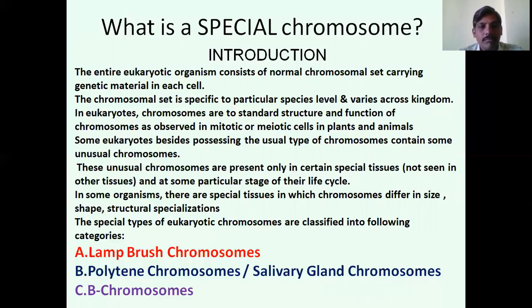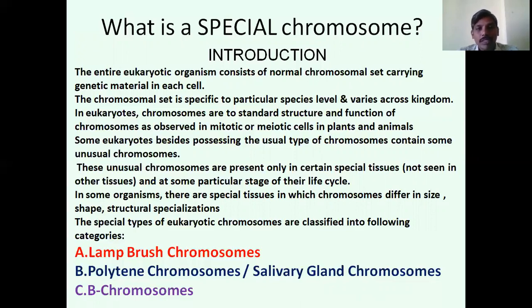But in some eukaryotes, besides possessing the usual type of chromosomes, there are some unusual chromosomes. These unusual chromosomes are present only in certain special tissues, not seen in other tissues, and at some particular stage of their life cycle.